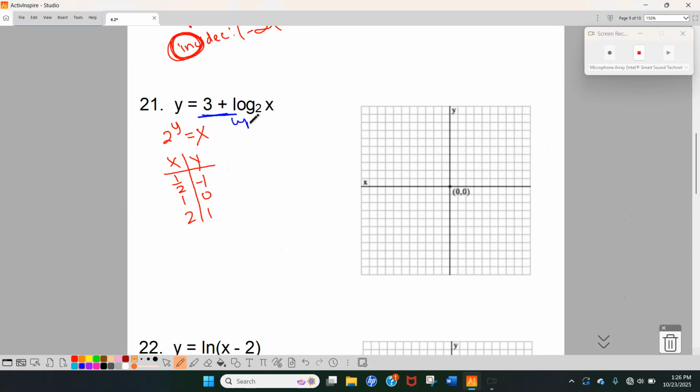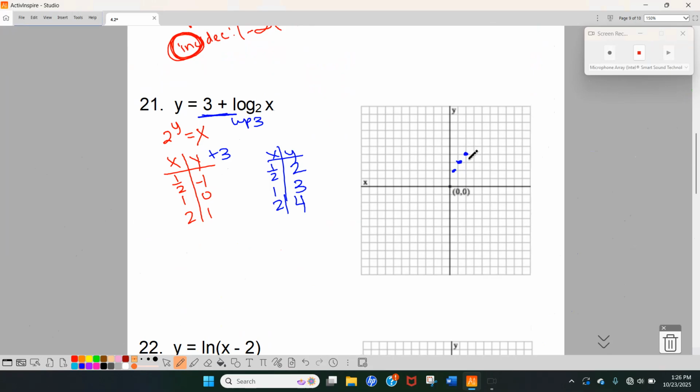So we will add 3 to our y's and get a new table. So these will stay what they are, the x's. The y's will become 2, 3, and 4. So when I plot my points, I have (1/2, 2), (1, 3), and (2, 4).